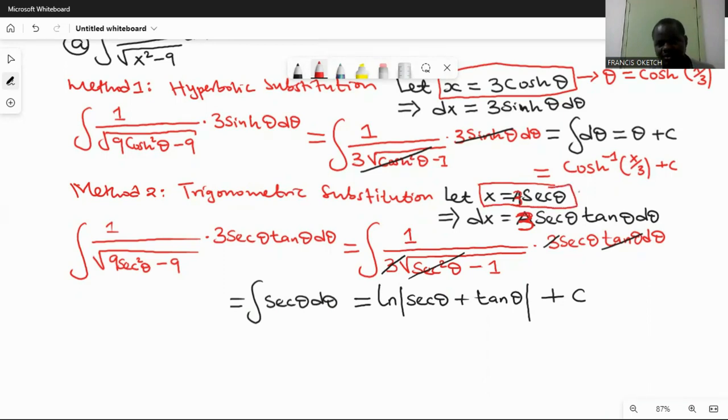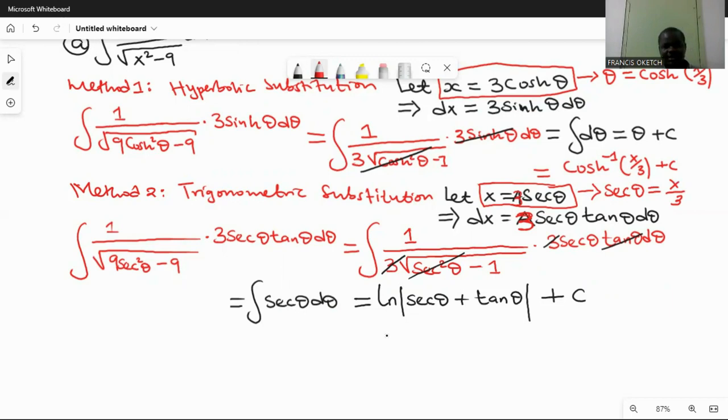So sec theta, because I want to make that the subject, is the same as x over 3. If sec theta is x over 3, what about tan theta? That is what you need to ask yourself.